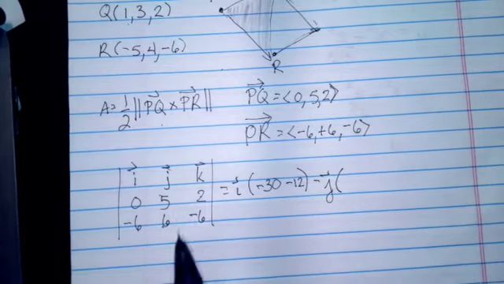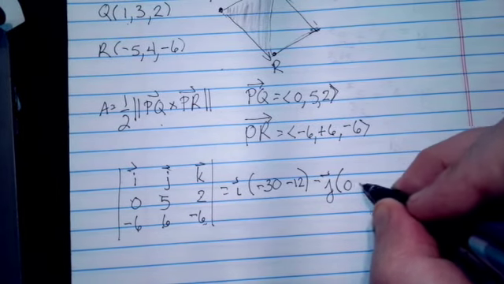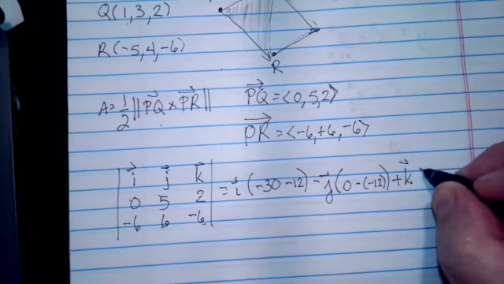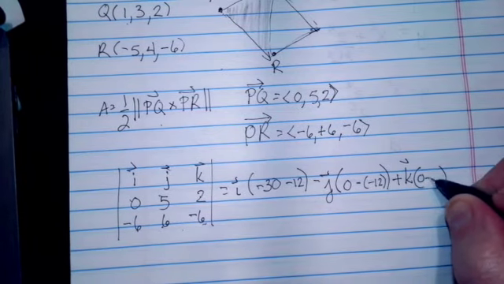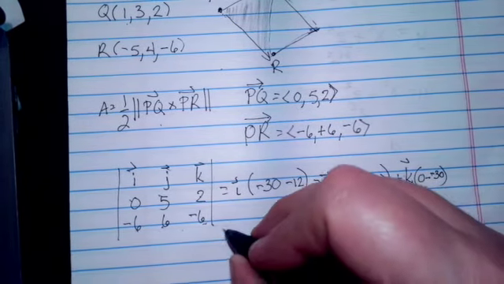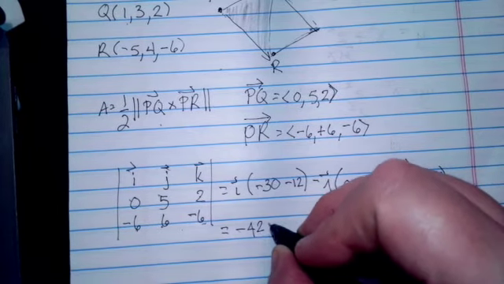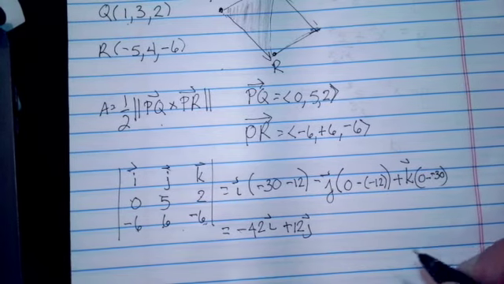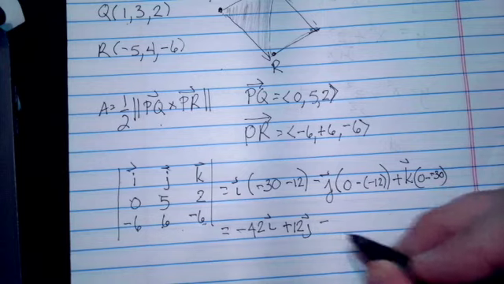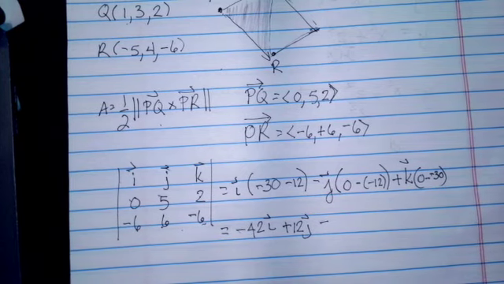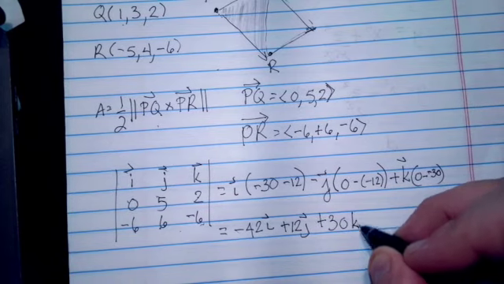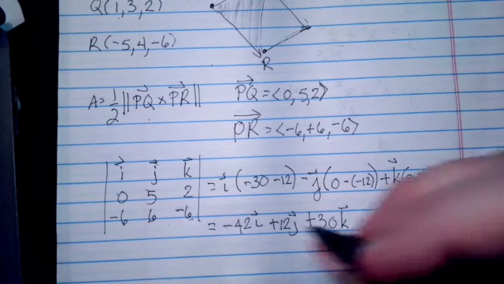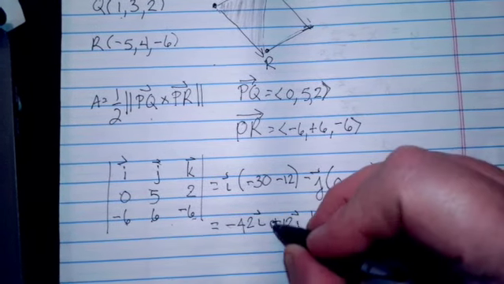Then we'll have negative j times 0 minus a negative 12. And then finally we'll have k times 0 minus a negative 30. So that looks like it's going to be negative 42i plus 12j. And then I think it's, is it plus 30k? No. That's going to be minus 12.